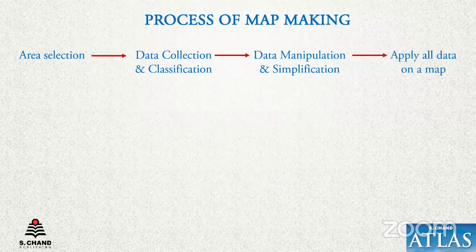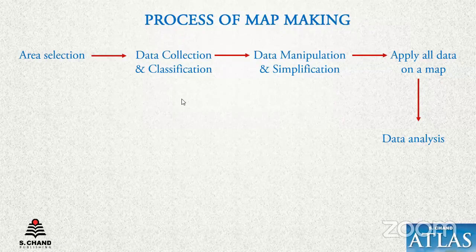The next one is to apply whatever data we have collected and manipulated onto our map, the area that has been selected. The next one is data analysis. We have to analyze the data, because we can collect lots of data, but we cannot present all the information in one map.